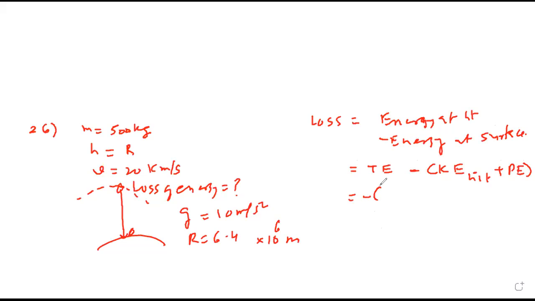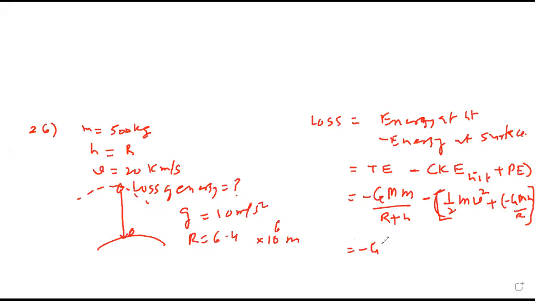So total energy at height is minus GMm upon r plus h. This is half mv square, the velocity by which it will hit, plus potential energy on the surface, which is minus GMm upon capital R. So minus GMm upon r plus r, because height is given as r, minus half mv square, minus minus plus GMm upon r. Please copy this much, then I'm clearing.